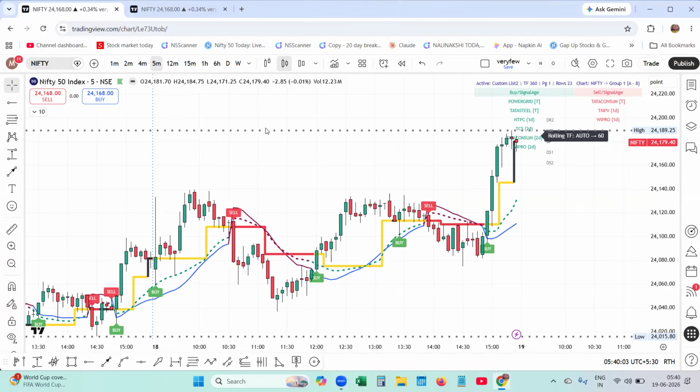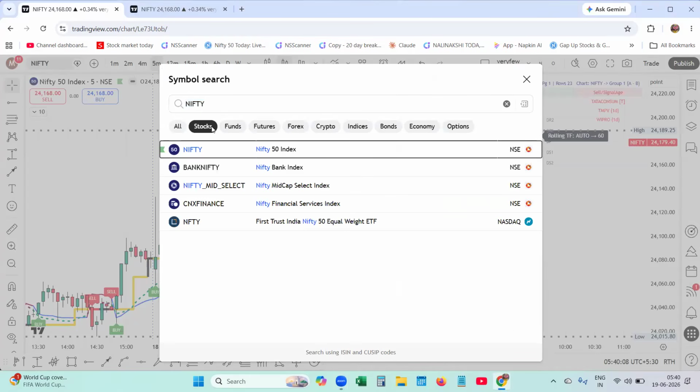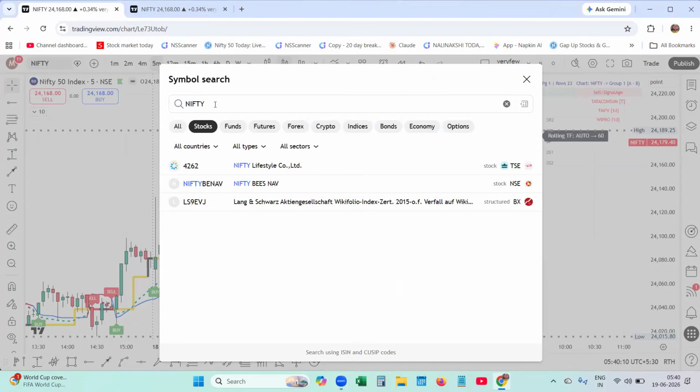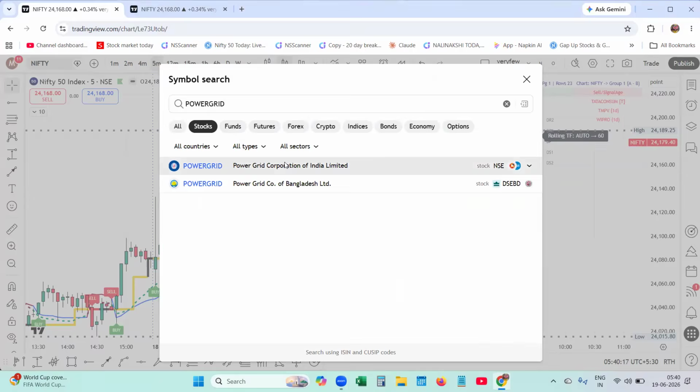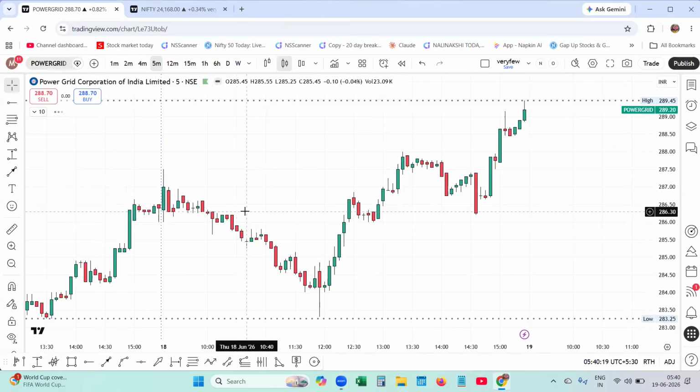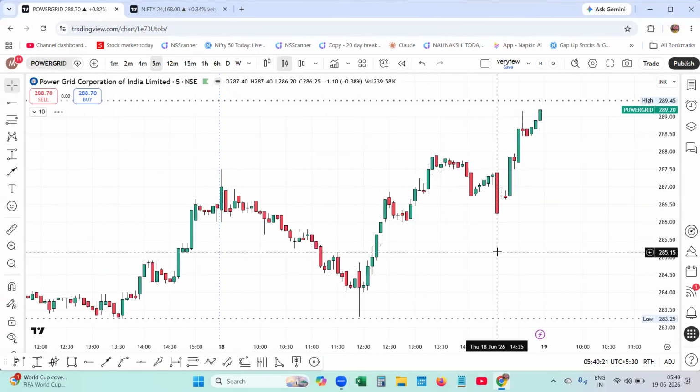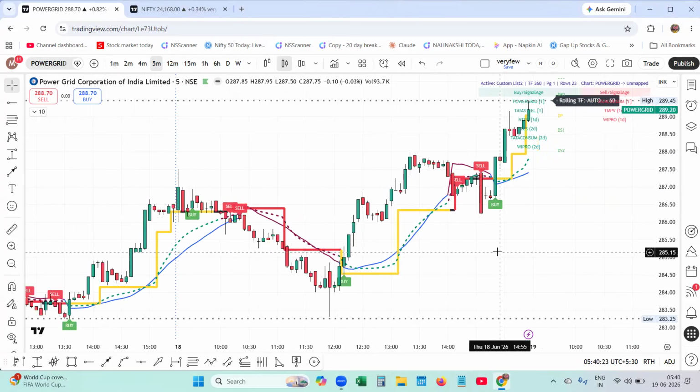If you want to track the stock, from the list it has come, Power Grid. Okay, I'm applying Power Grid. I want to trade on this stock.